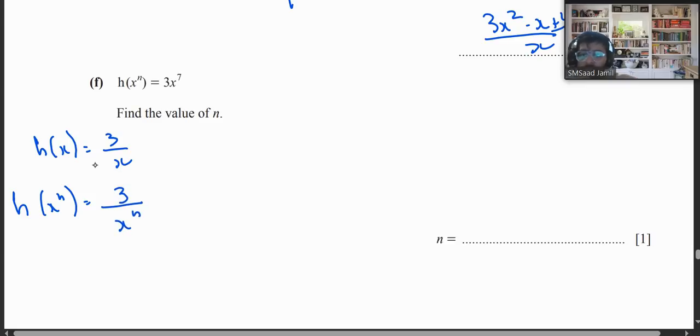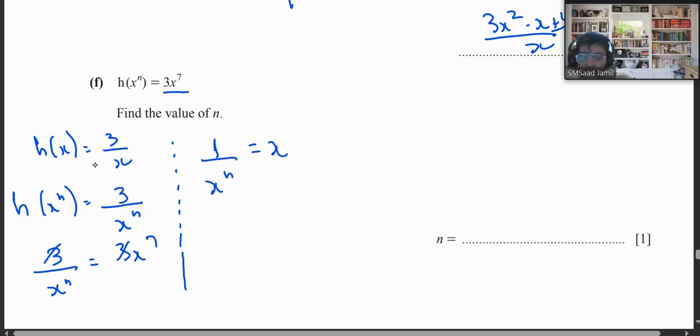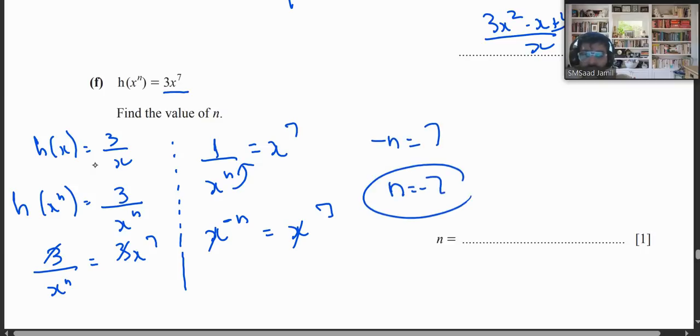And this is equal to 3x^7. So 3 upon x^n is equal to 3x^7. 3 gets cancelled out. So 1 upon x^n is equal to x^7. This x will come up, so it becomes x^(-n) is equal to x^7. x gets cancelled out. Negative n is equal to 7. n is equal to negative 7.